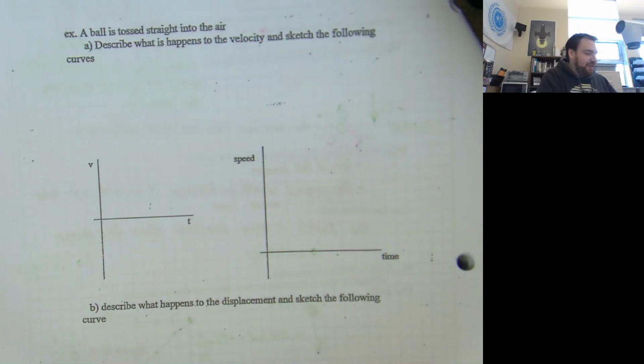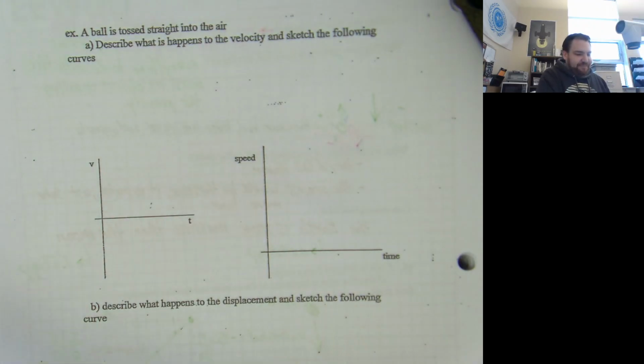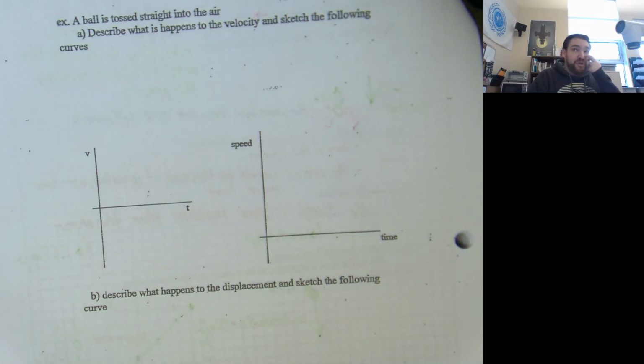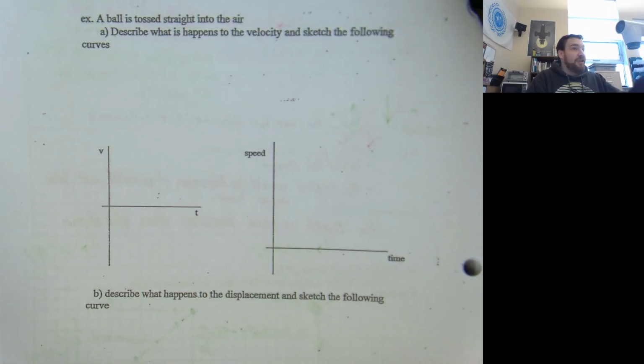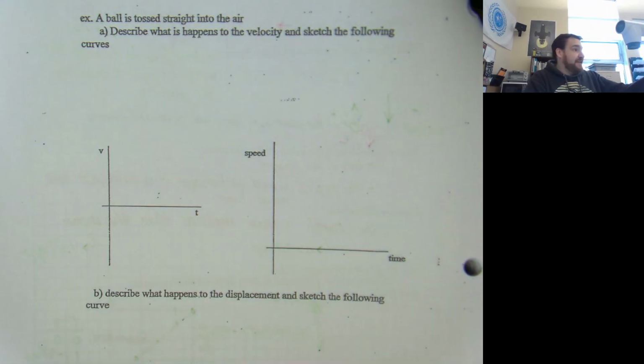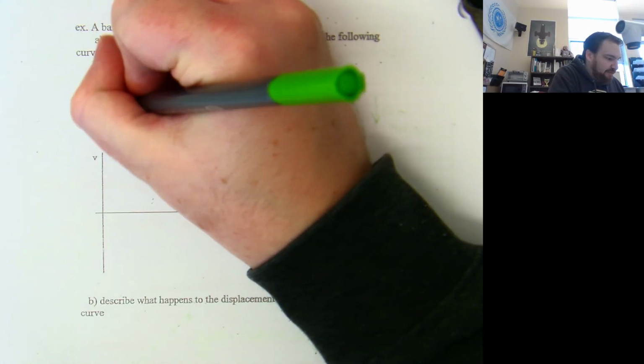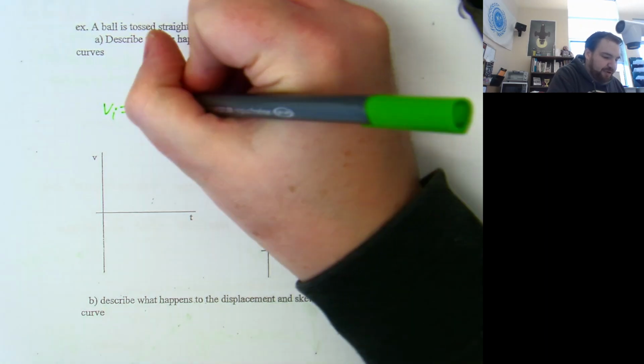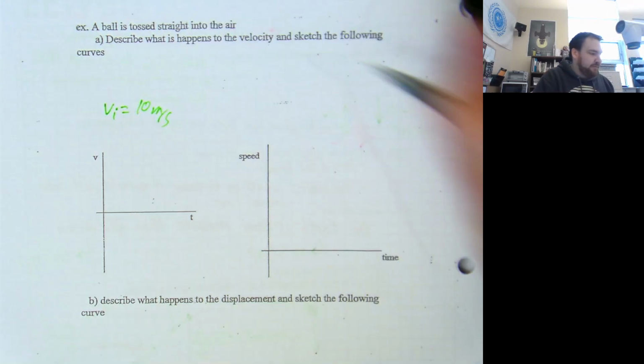So let's graph some more things. A ball is tossed into the air. We're not dropping it now, we're throwing it, like the tennis ball that I threw up into the air. When the thing leaves my hand, Brad said it had a positive velocity. So let's put that on here. Let's assume that somehow I was able to throw the ball upwards at 10 meters per second.